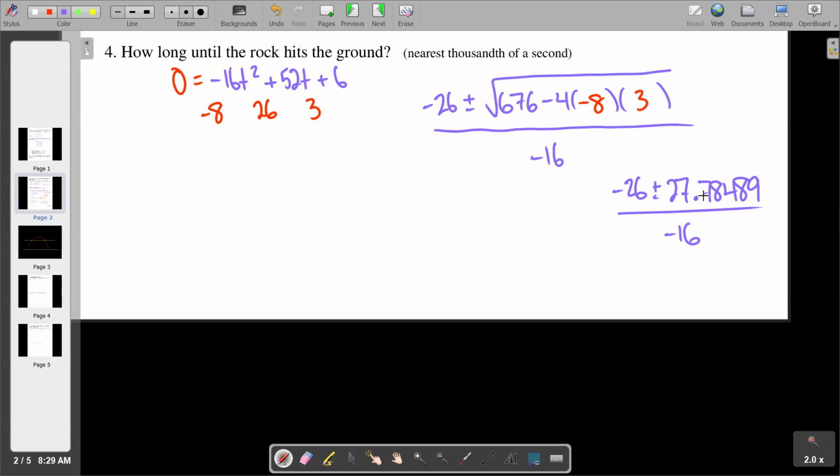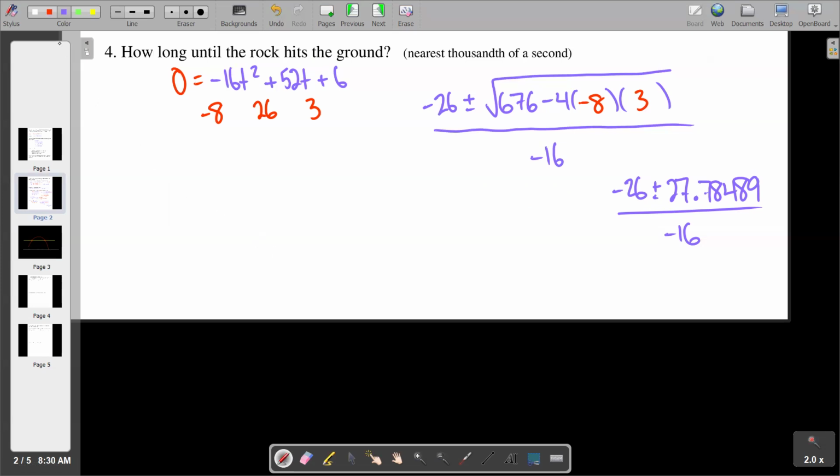But we do have to do the minus path. So let's do -26 minus 27.78489. I got -53 and a whole bunch of decimals that I don't care about. Because while that's on my screen, I'm just going to hit divided by -16. And that answer is interesting. That's what I want.